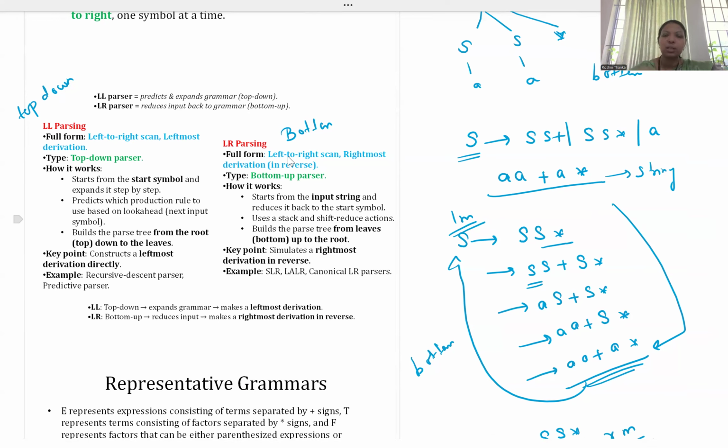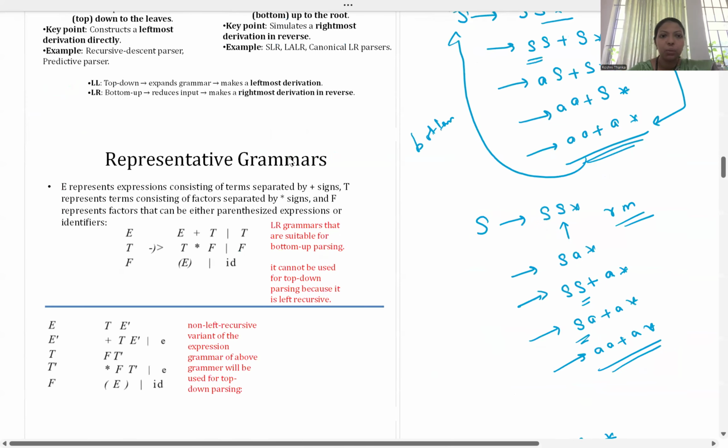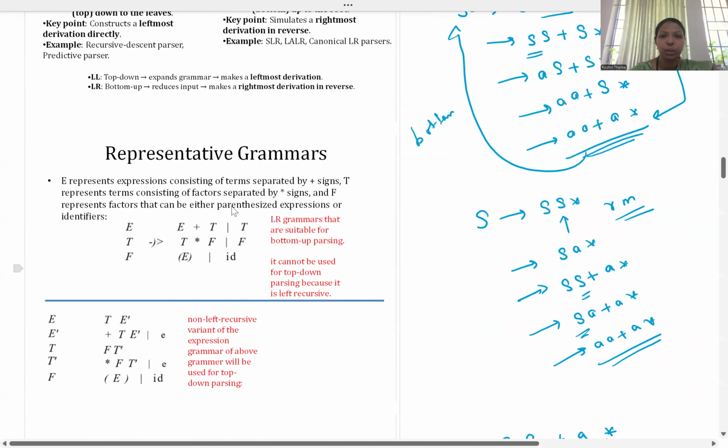Now, how to represent a grammar? I already told you that the rules of a particular programming language are represented in the form of context-free grammar. These are some examples of a context-free grammar. Here E represents an expression, T represents a term, and F represents a factor.